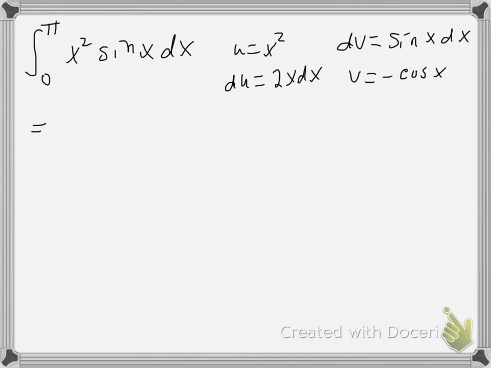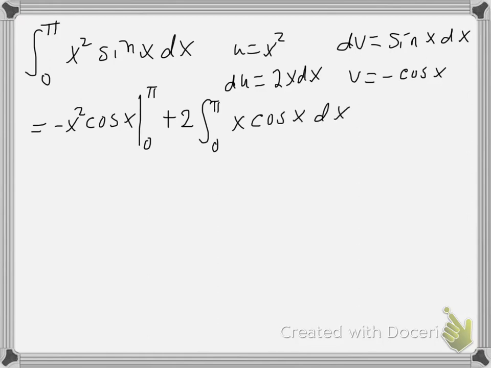Okay, so now, putting everything together, we're going to get negative x squared cosine of x, and we're going to evaluate this between 0 and pi, plus 2 the integral between 0 and pi of x cosine of x dx.